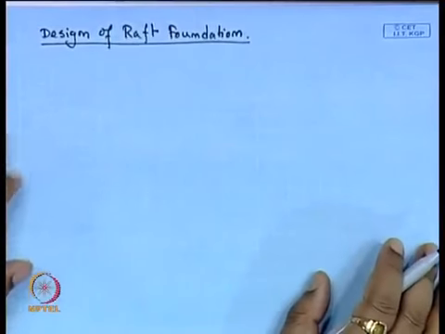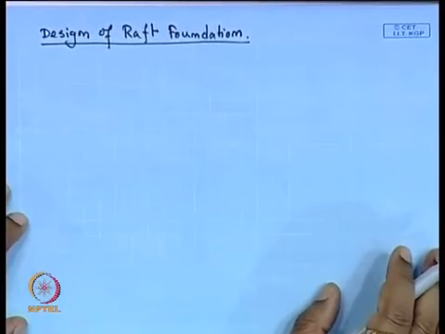Here again, like isolated footing, design means we will just give the idea how to determine the dimension of the footing and the depth of the footing, that means width and length of the footing and depth of the footing by this method. We will not discuss the structural design, that part I will discuss in the last module, and here I will give the idea how to design this footing from a structural point of view.